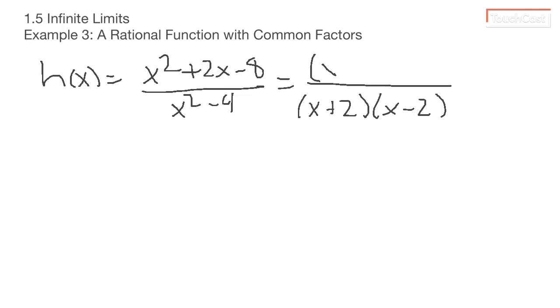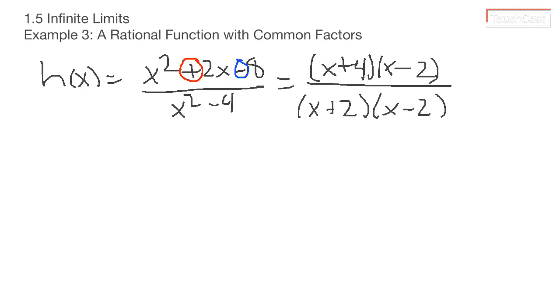And in fact, with some of my tricks of factoring, I'm going to know which signs to use. If I look at the fact that this is a minus 8, I need one of these to be plus, one to be minus. My x plus 4 is my bigger factor. It's going to take this middle sign. So I'm going to have this be x plus 4 and x minus 2.